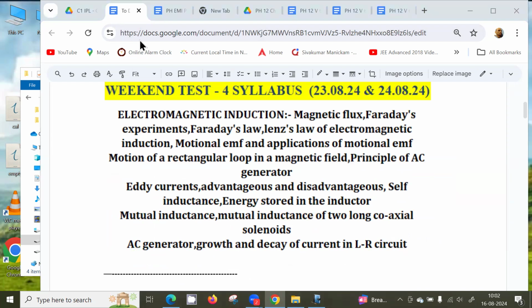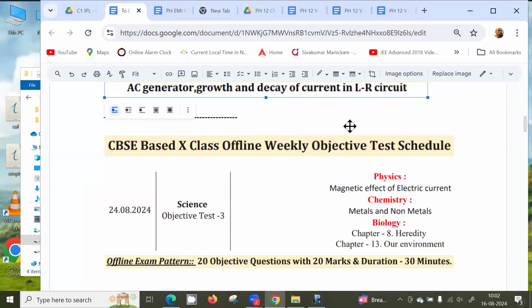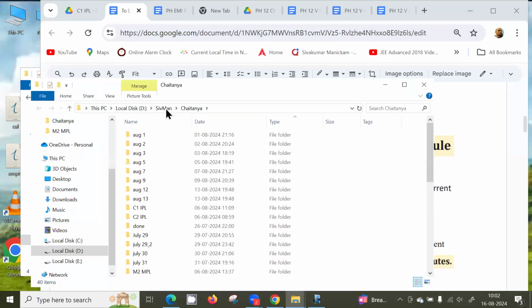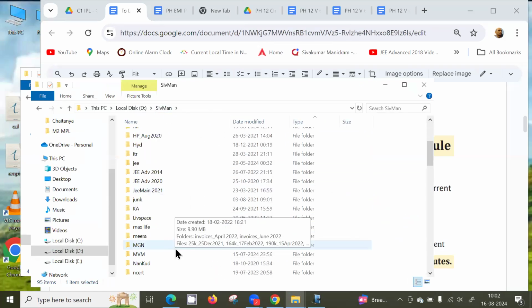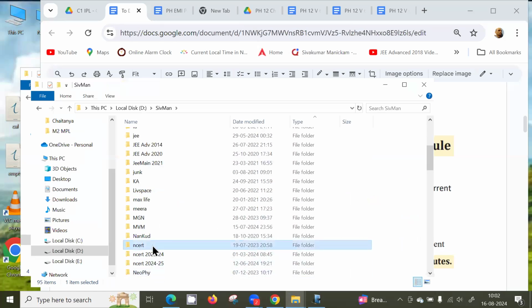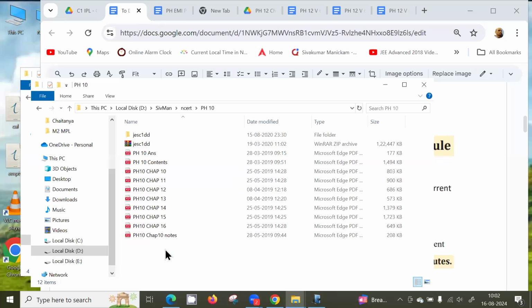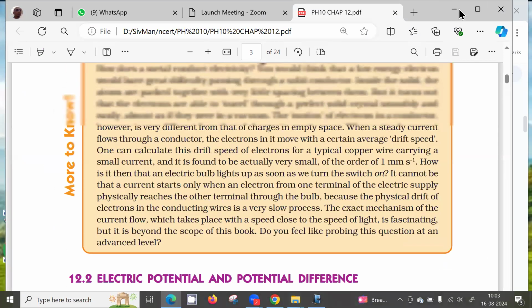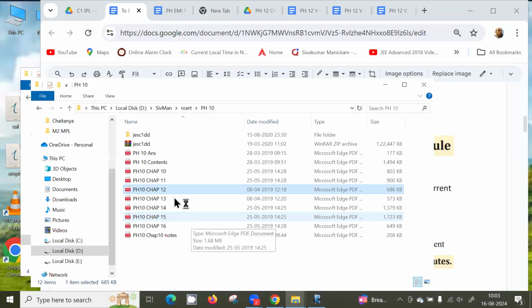Can you just show the CBSE syllabus for objective testing? CBSE syllabus is based on NCERT, right? I'll just open the NCERT book. Just a minute. Actually, I would look at the latest NCERT book.